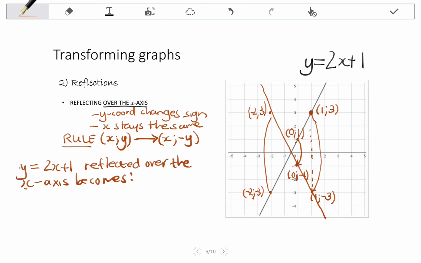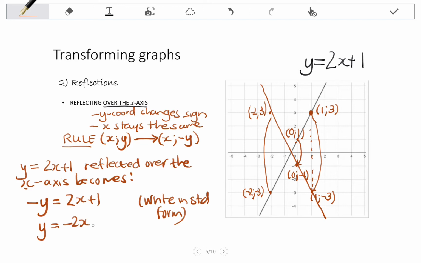I'm going to go from positive y to negative y being equal to 2x plus 1. But that is not my final answer, because I can never leave an equation of a function not in standard form. So we're going to write this in standard form. To do that, we are going to solve for y. So I'm going to divide through by -1, which leaves me with y equals -2x - 1. And that is my equation of the graph reflected over the x-axis.